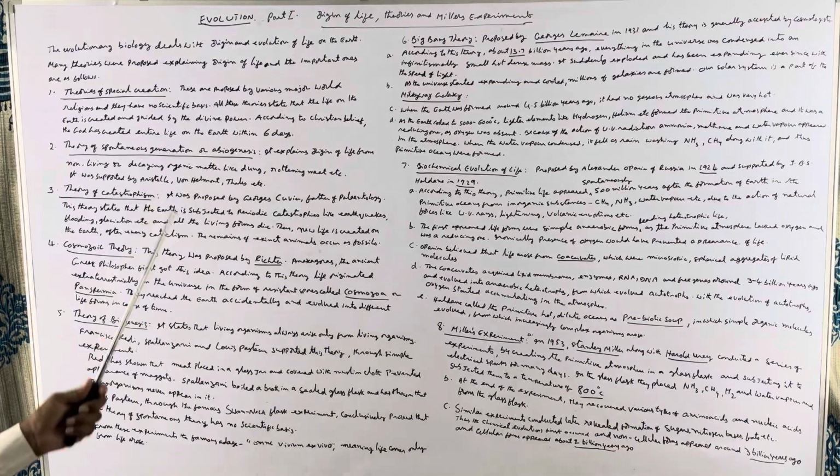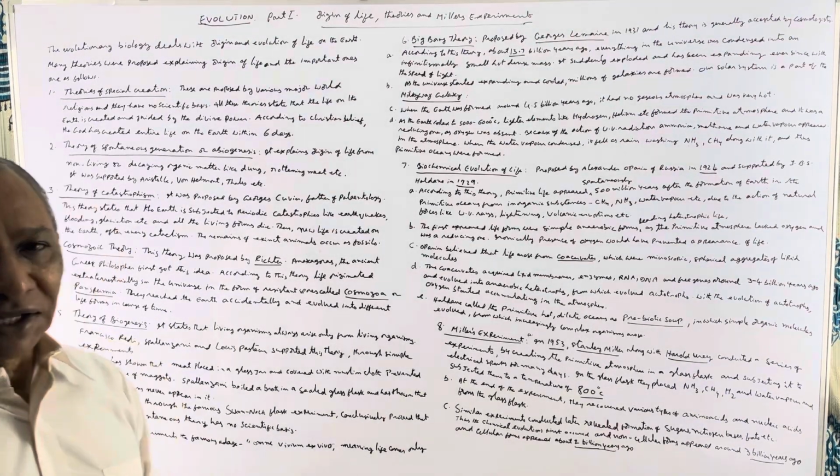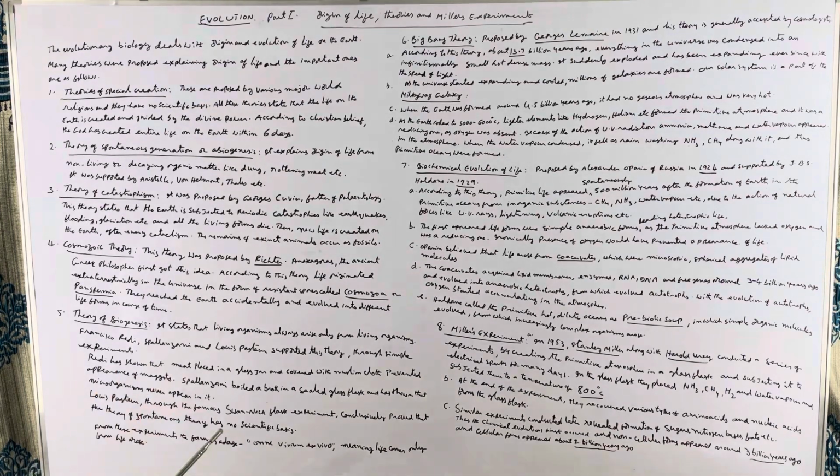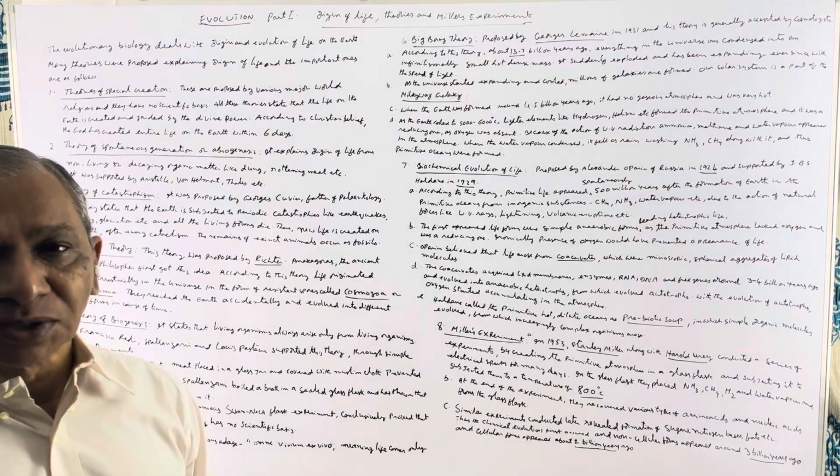The persons who proposed the theory are Aristotle, von Helmont, Thales, all famous Greek philosophers. So the theory of abiogenesis or spontaneous generation is no longer acceptable.